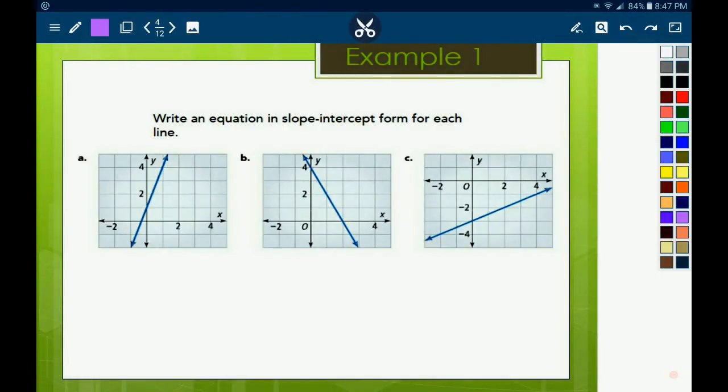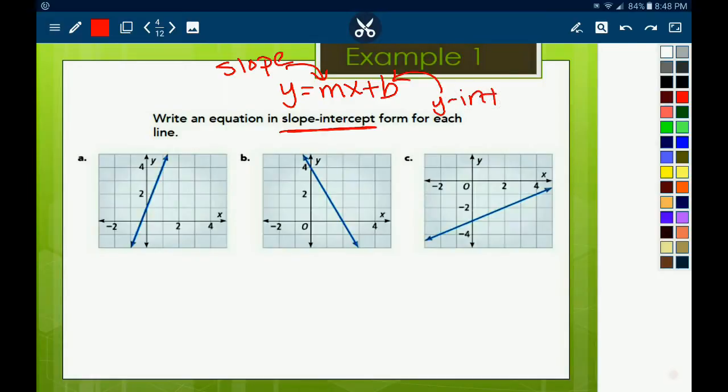It says write an equation in slope-intercept form. So if we memorized it correctly, when you see the words slope-intercept form, you should think y equals mx plus b, where m is the slope and b is the y-intercept.